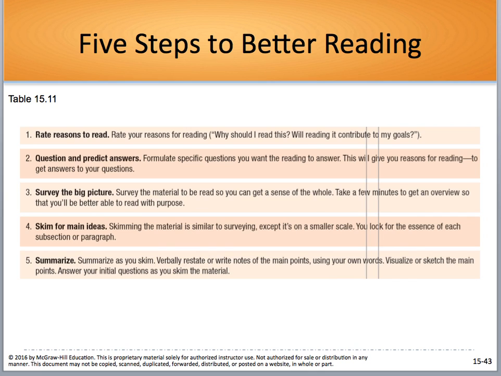Then you summarize as you skim. You verbally restate or write notes on those main points using your own words, not the same words, to help you process the information quicker. And while doing that, you'll be answering your initial questions as you skim the material.